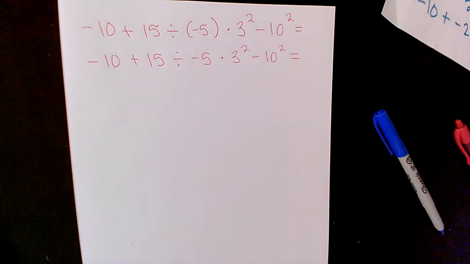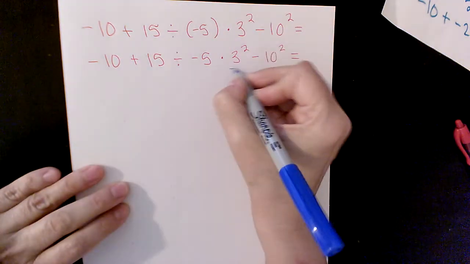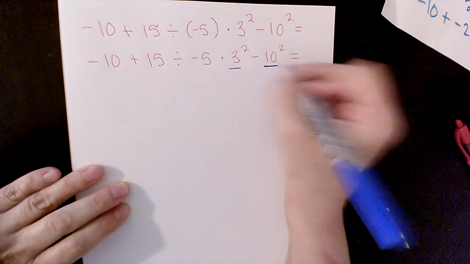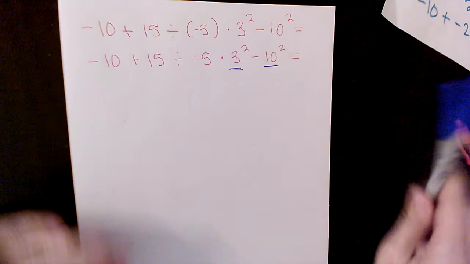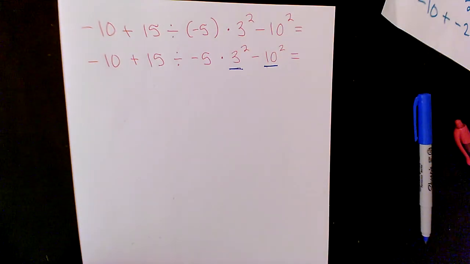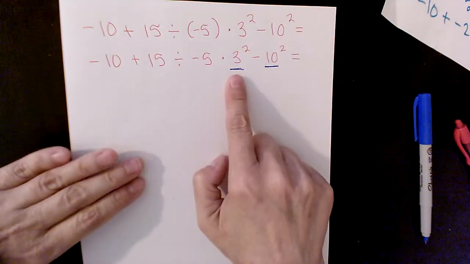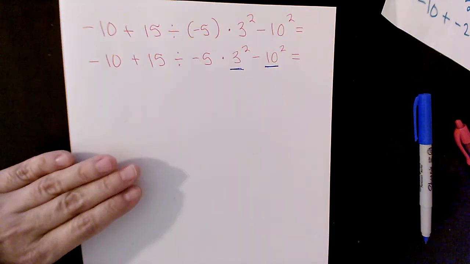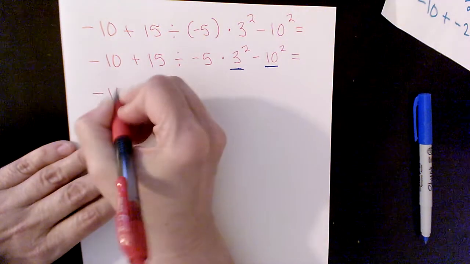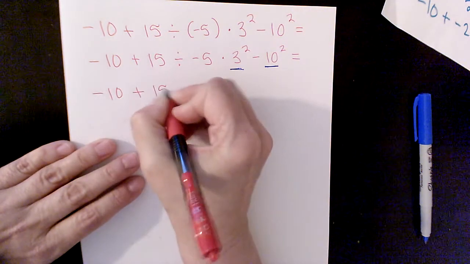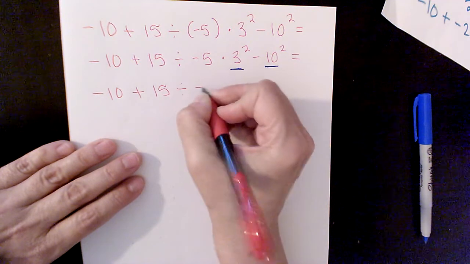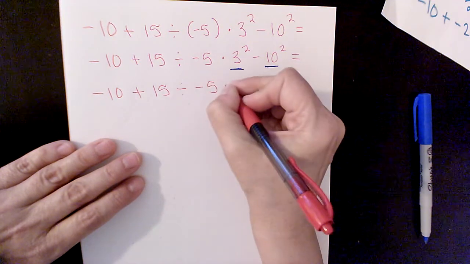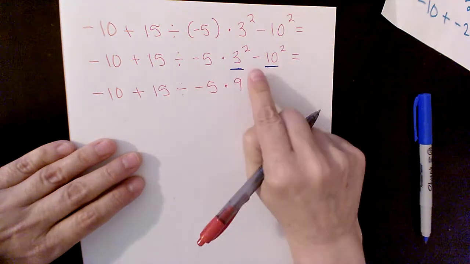Okay. Do I have number 2's exponents? I've got 2 of them here. So I'm going to go left to right. So 3 squared is how much? 3 times 3 is 9.